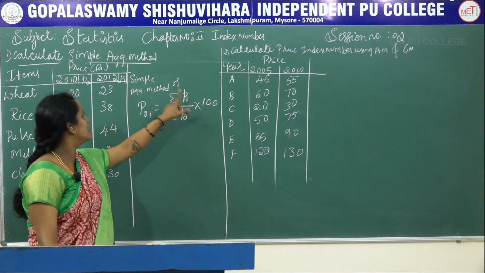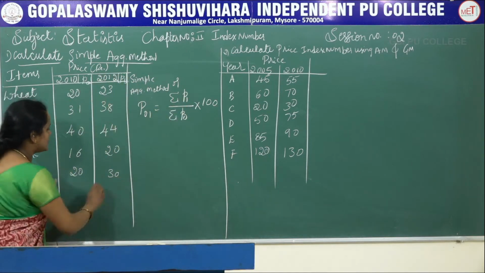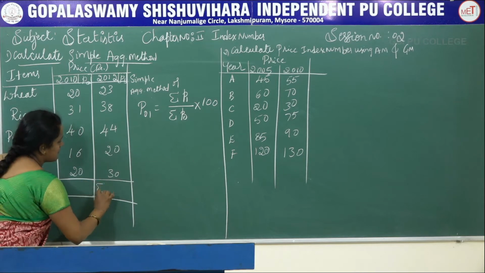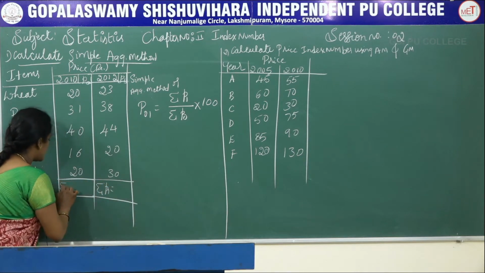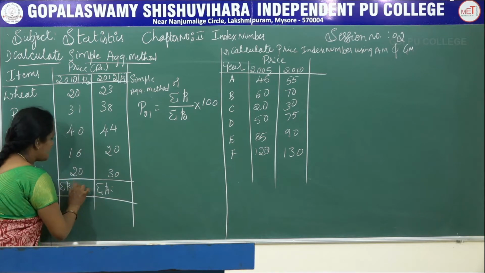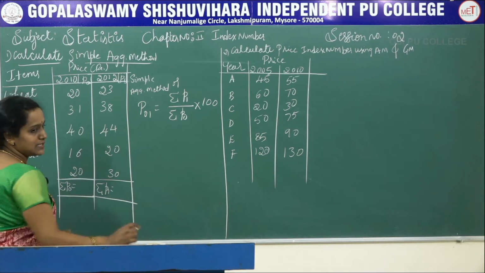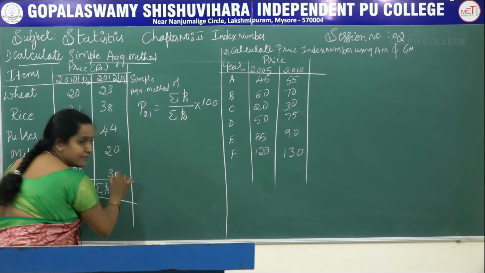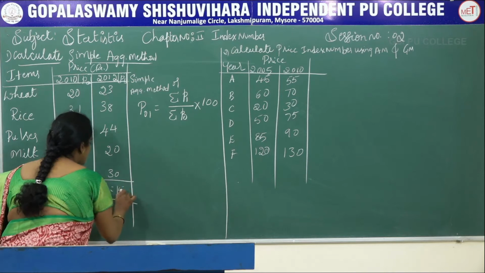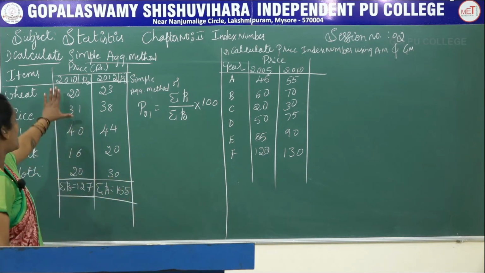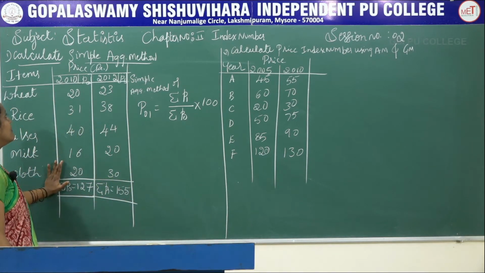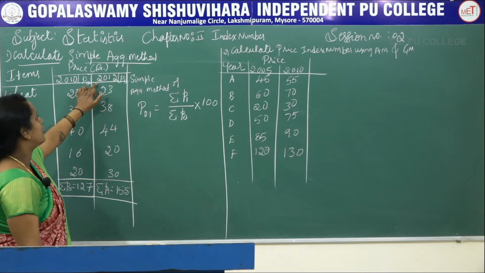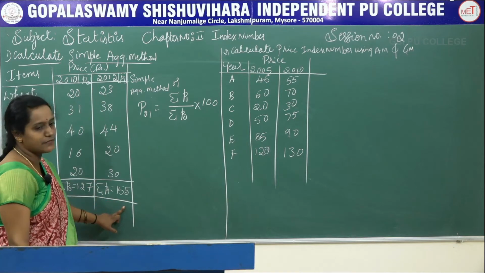Here summation of P1 is the total of 2012 and summation of P0 is the total of 2010. By adding these prices, in 2010 the sum will be 127 and for 2012 the sum is 155.